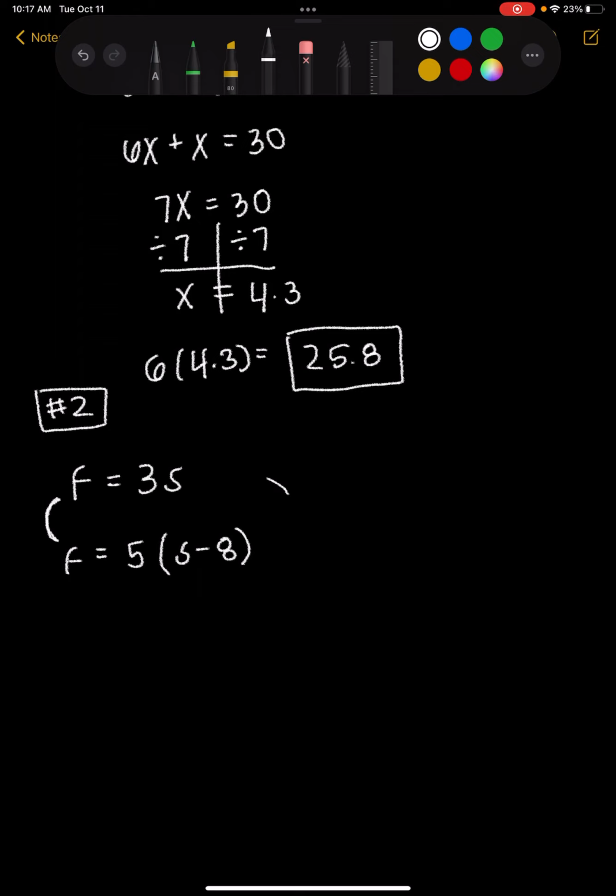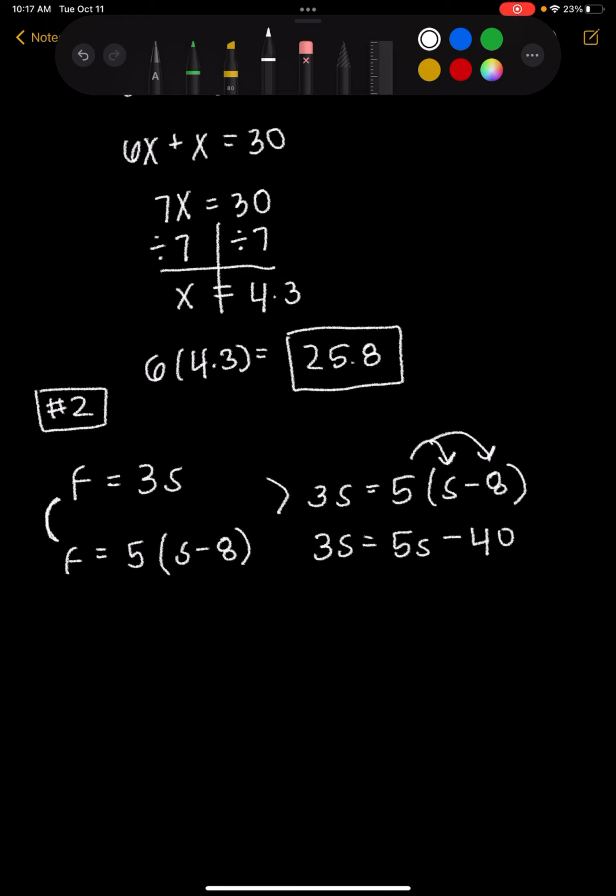So I can say that 3S is equal to 5 times S minus 8. And then what I can do is solve that for S. To solve that for S, I'm going to distribute the 5. And I get 3S is equal to 5S minus 40.